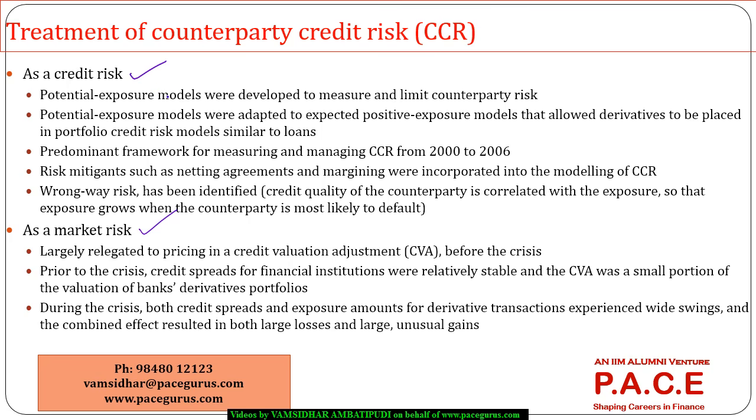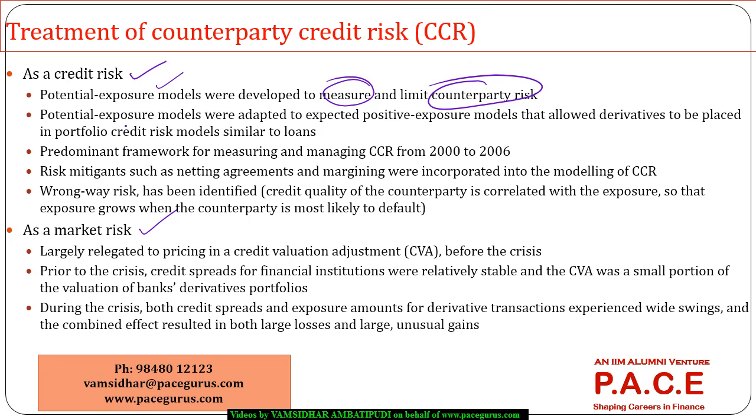So once you know it's a credit risk, we are trying to find out various potential exposure models. What is the kind of exposure that can come out because of this loss occurring? Because of this particular risk, what could be the potential loss to the counterparty? So we are able to measure that exposure and we are able to even limit the counterparty risk.